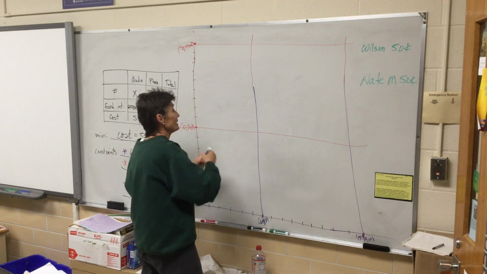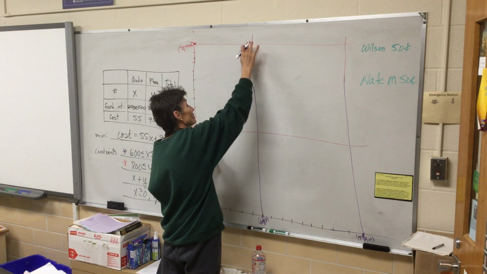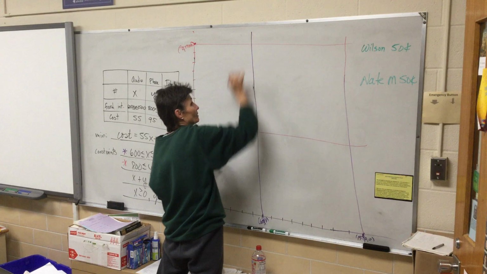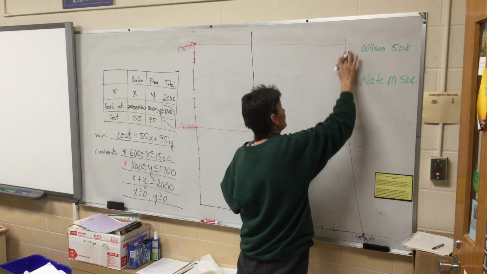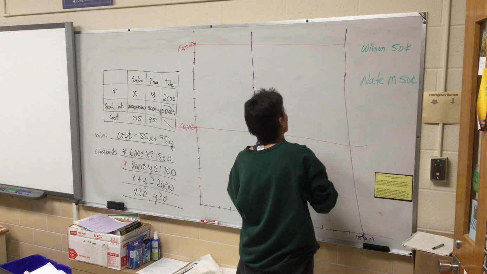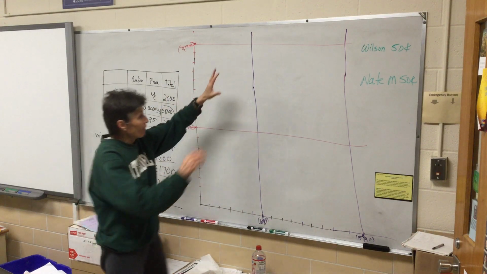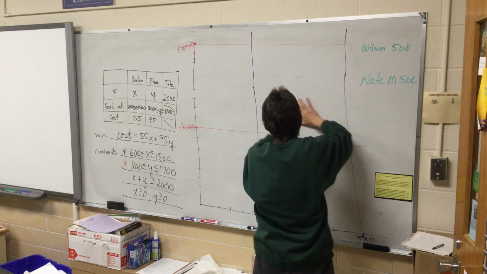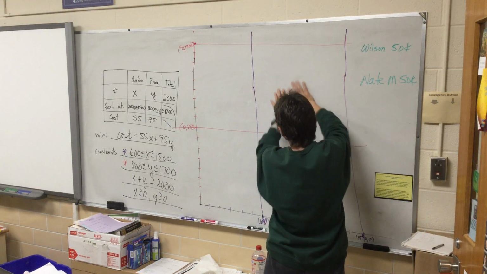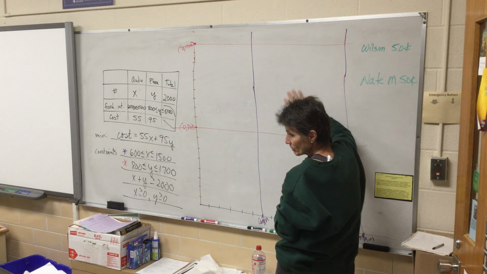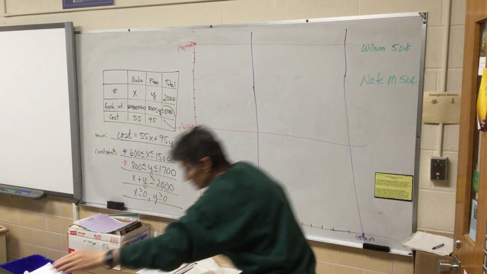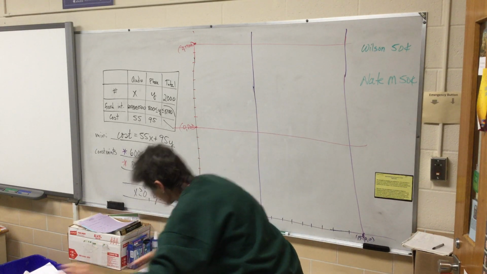So I have shaded in between my purple bars and in between my red bars. So can everybody see we're talking about this rectangle right here? This part right here is what we're talking about? Right here?